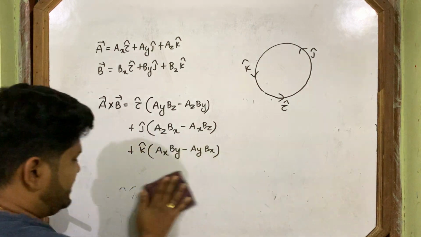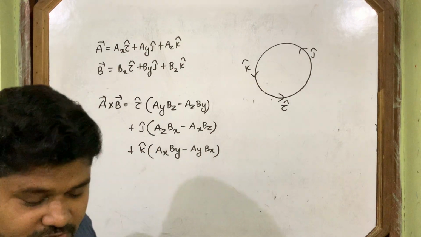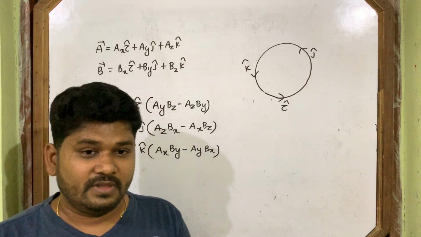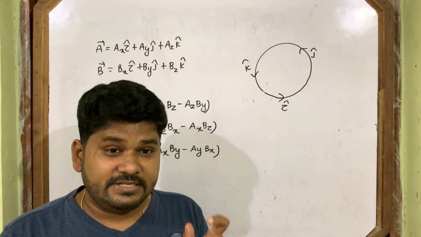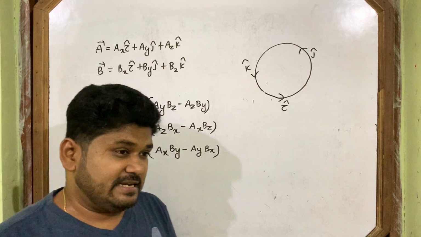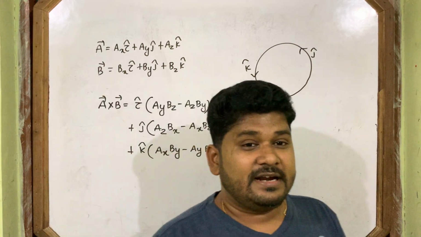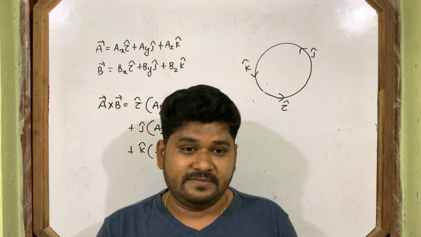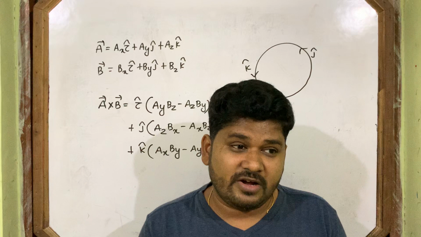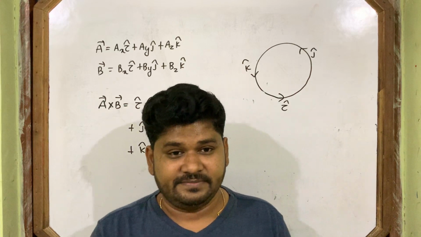Another way is also there. Without remembering this formula, you can also do it by the determinant method. What is a determinant? Determinants and matrices is a chapter in mathematics. There is also a chapter of mathematical physics.